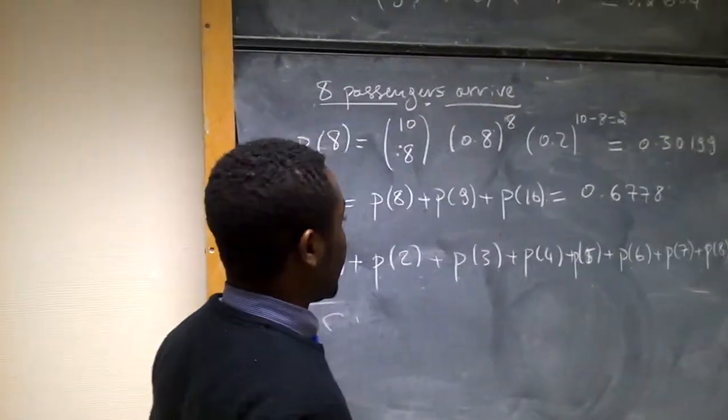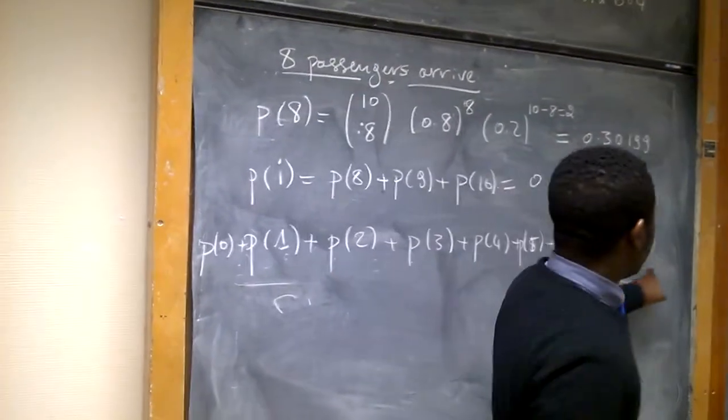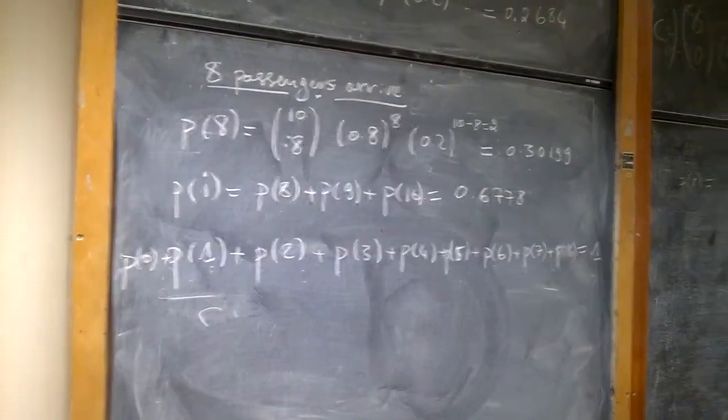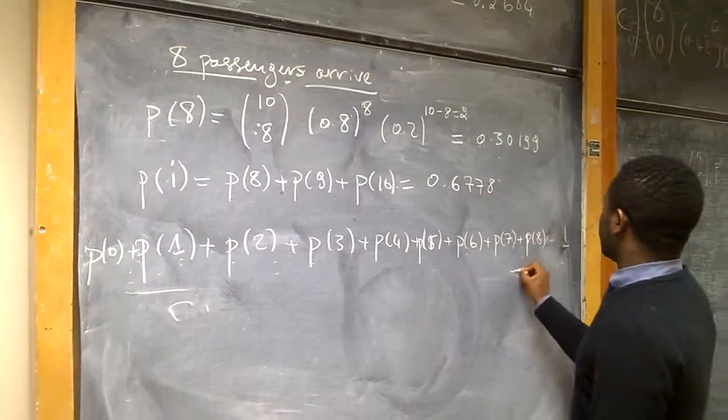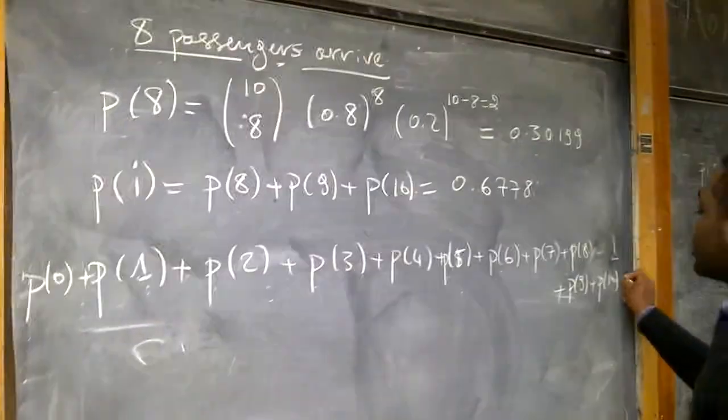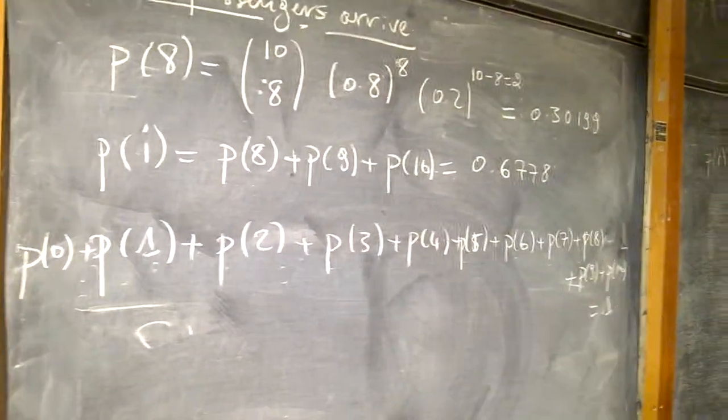So if you add all of those probabilities, we'll end up with 1. I just forgot P of 9 and P of 10, because we've got 10 booked.